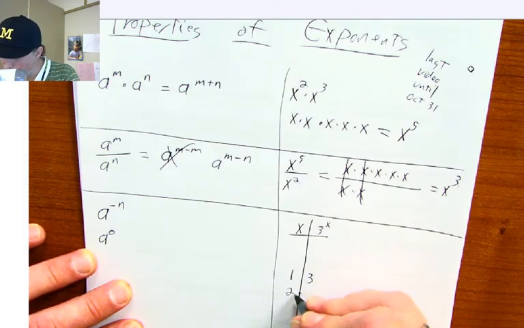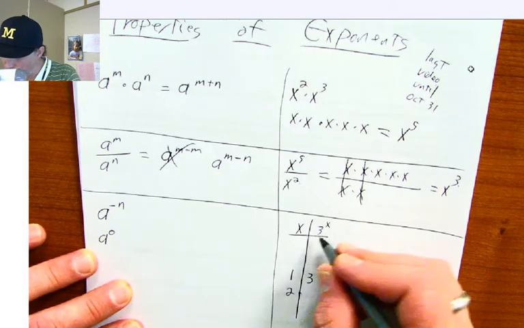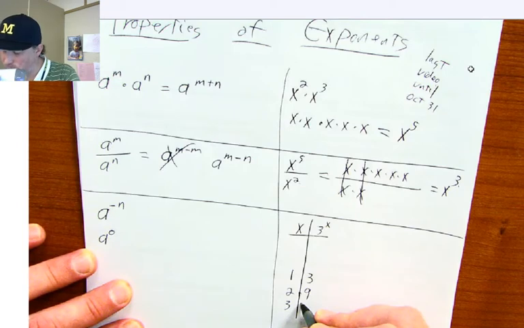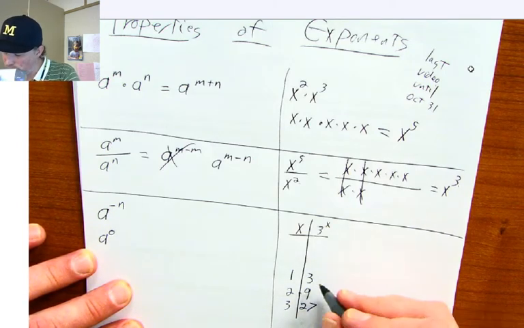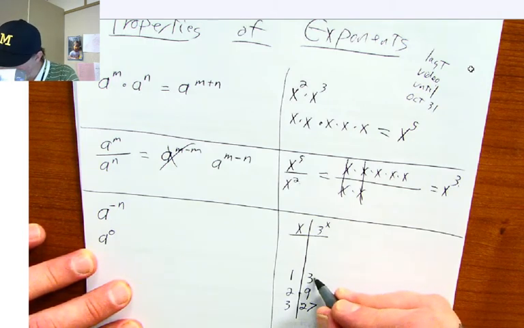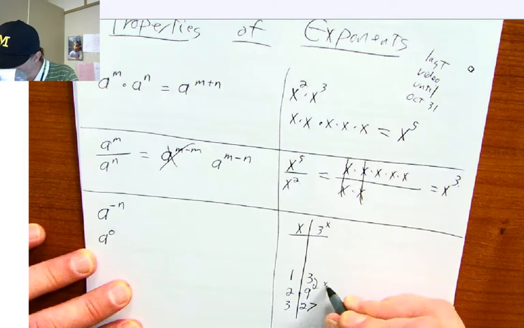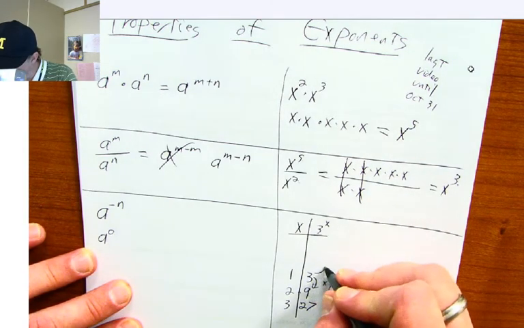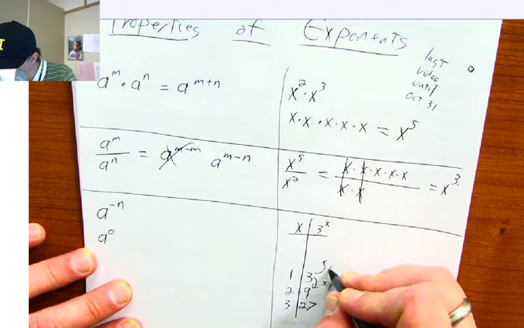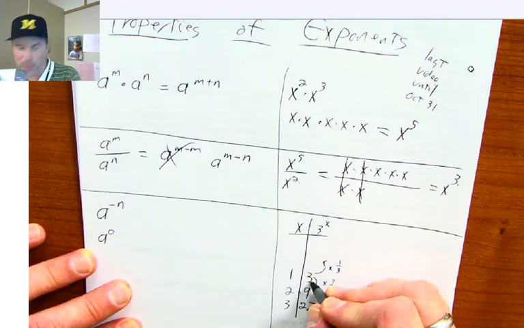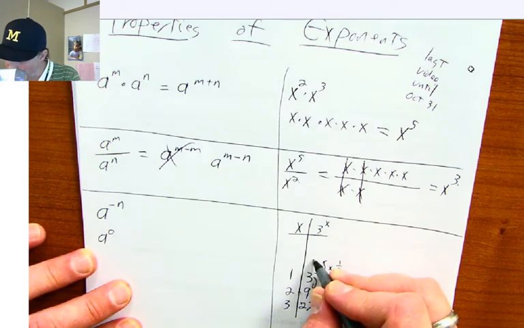If I do 2, 3 to the 2 is 9. If I do 3, 3 times 3 times 3, 3 to the 3, that's 27. We've done these problems before where to get from 3 to 9, we're multiplying by 3 over 1. Which means if we're going to travel in the other direction, we need to multiply by its reciprocal, which is 1 over 3. So if I multiply 3 by 1 over 3, I end up with 1.